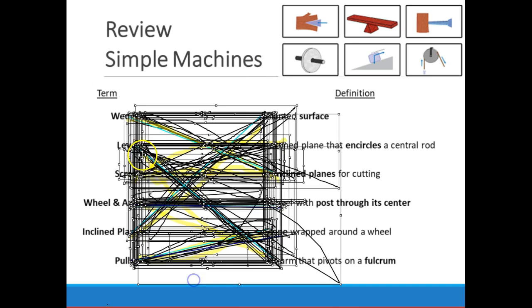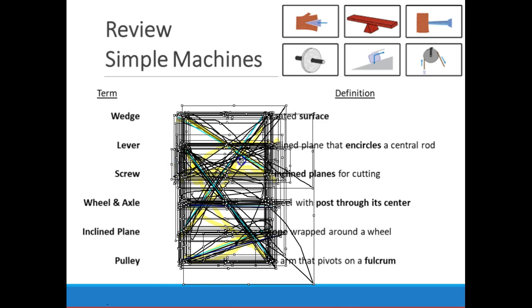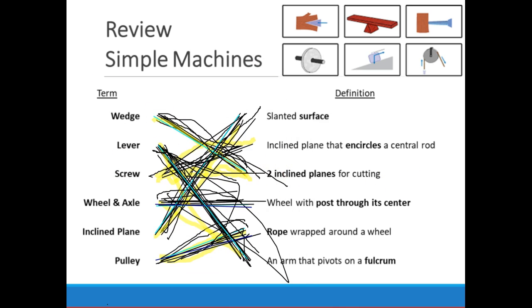Let's go over our answers. A little bit messy, but we'll clean it up. Looking at this, yes, a wedge is when we have 2 inclined planes back to back that are used for cutting. A lever is when we have an arm or a board that pivots on a fulcrum. A screw is an inclined plane that encircles a central rod.